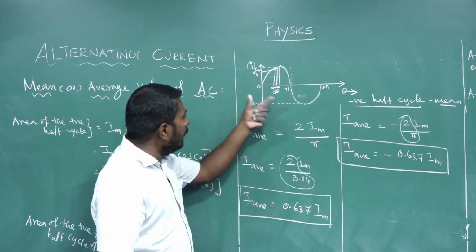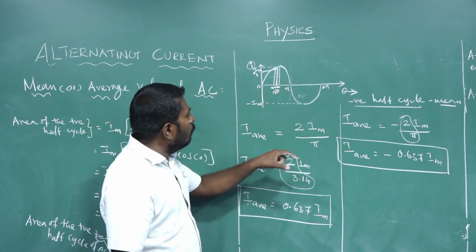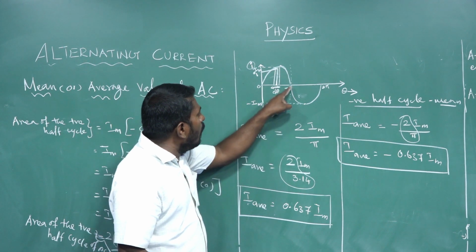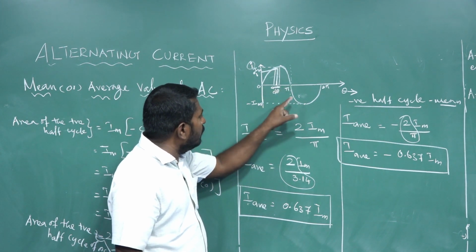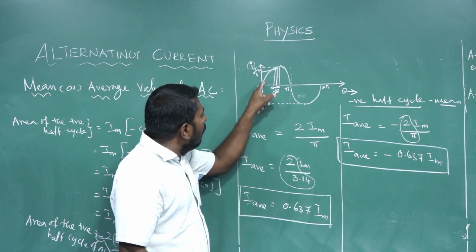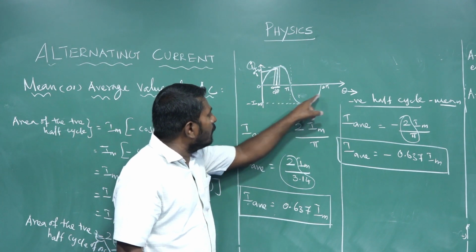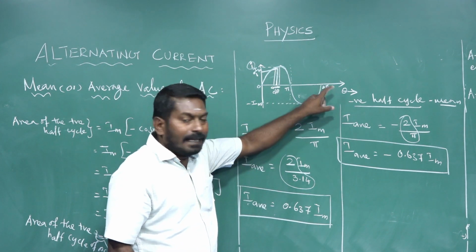So the average or mean value of alternating current over a half cycle is defined as the sum of all currents in the positive half cycle or in the negative half cycle, taken the mean value.